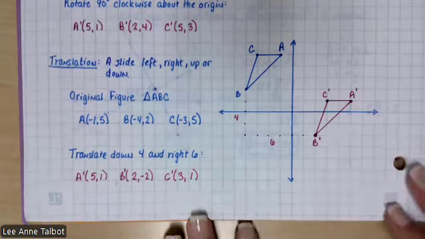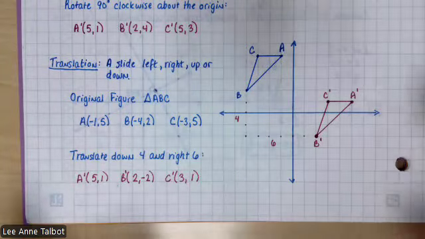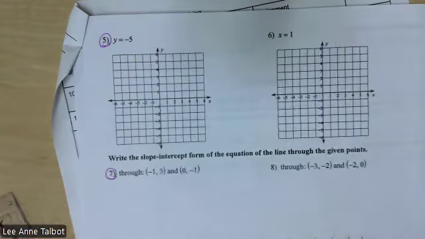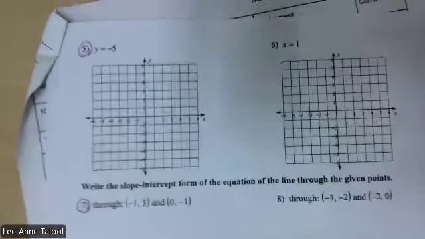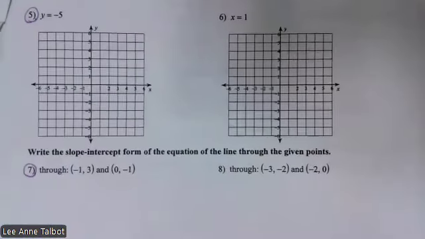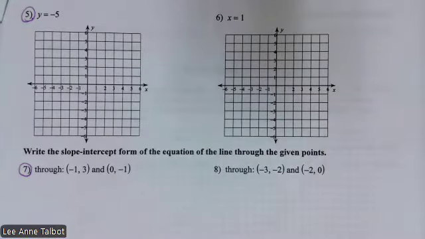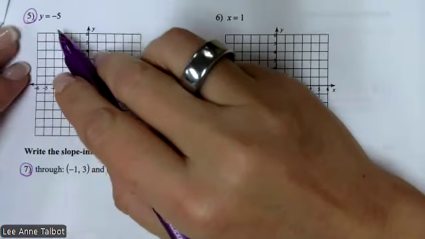Okay. All right. 5, 7, and 11. The reason we're doing 3 is because number 5 is super short. Okay. Number 5, y equals -5.